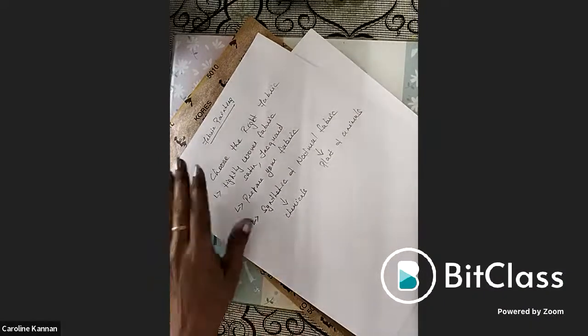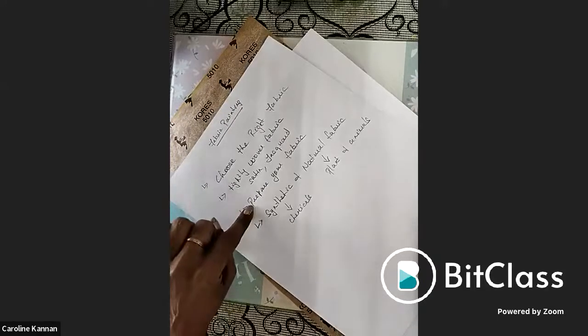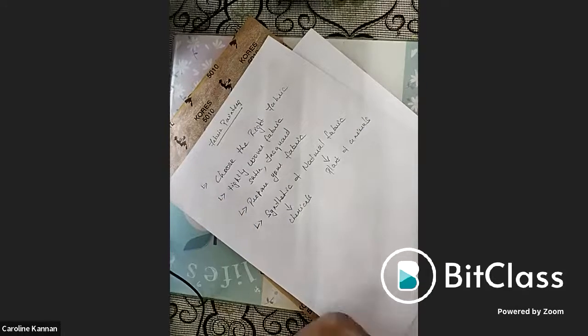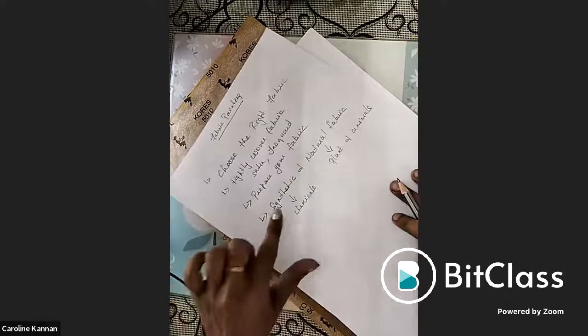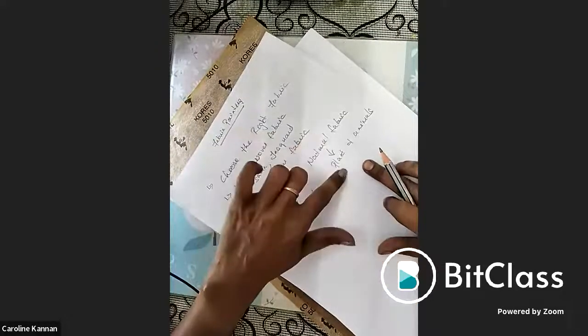Okay. So, as I told you before, the first step is choosing the right fabric. The second step is to prepare your fabric. The next one would be, there are two types of fabrics available. Synthetic fabrics are made out of chemicals, and natural fabrics are made out of plants.